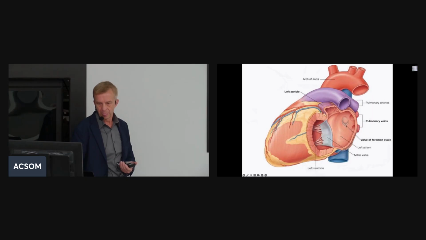This is the fossa ovalis from the left side of the heart. And mitral valve, again, similar structure. It has cusps, anterior and posterior leaflet, and chordae tendineae which attach the cusp to the papillary muscles.